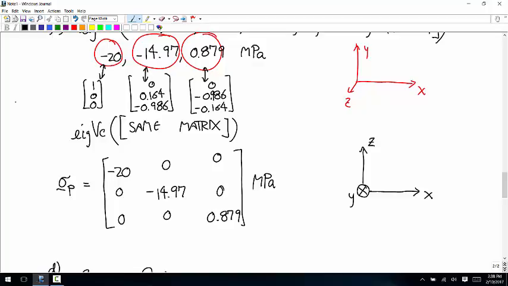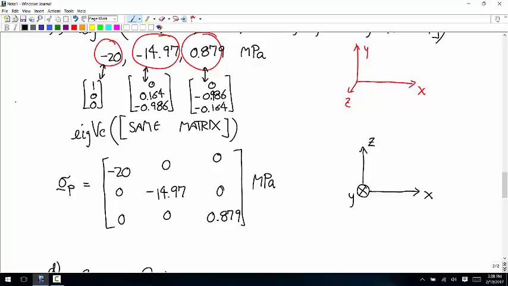We're rotating it with the rotation matrix. So this tensor is in this coordinate system, and we're going to do our rotation based on this coordinate system, not on this one.